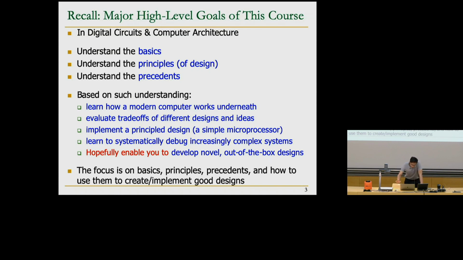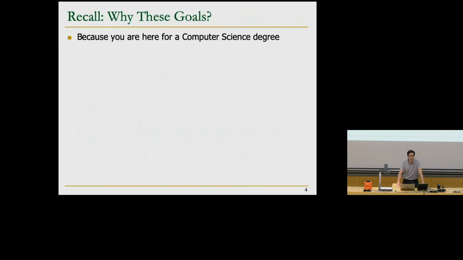So the focus of the course is on basics, principles, precedents, and how to use them to create and implement good designs. And why these goals? Because you are studying computer science, right? So if you are a doctor, maybe you will end up being a specialist of the eyes, but still you need to know that there is a heart, right? And there's a brain, and there are many other components inside our body.